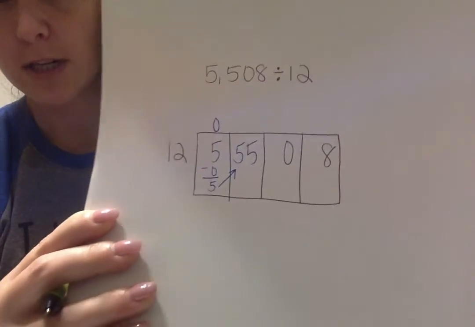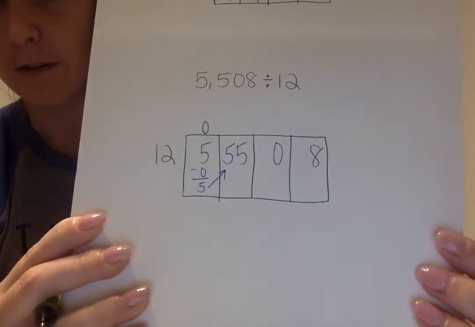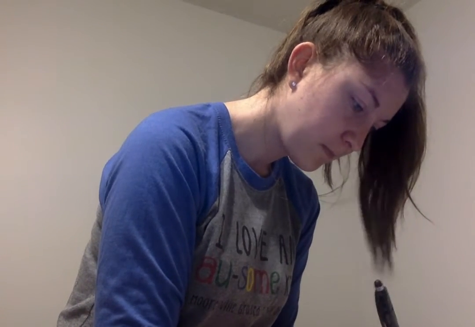Now, my next question is how many times can 12 go into 55? Well, 12 is a big number, so I need to think 12 times 1 is 12, 12 times 2 is 24, 12 times 3 is 36, 12 times 4 is 48, 12 times 5 is 60. So 60 is way too big, so I've got to bump it back and go with my 4. 4 times 12 is 48.